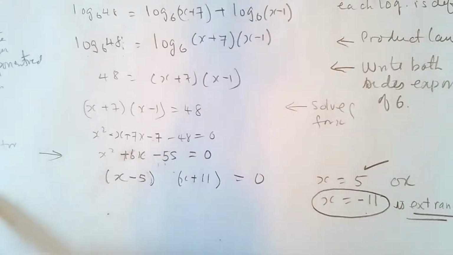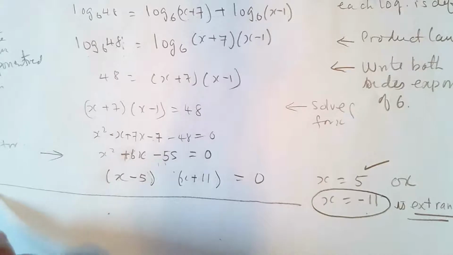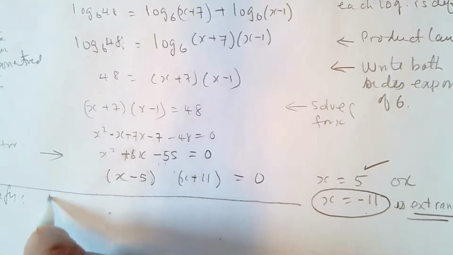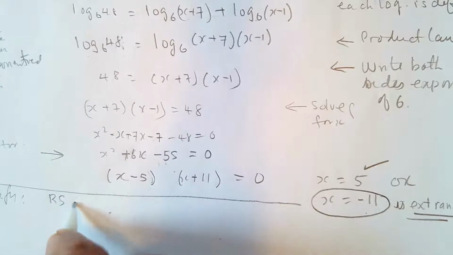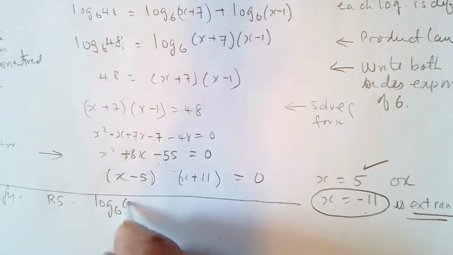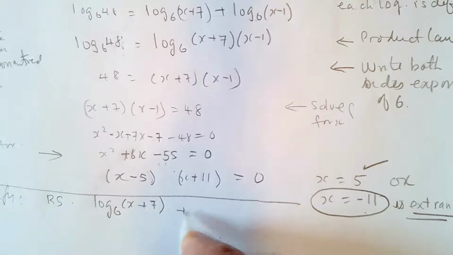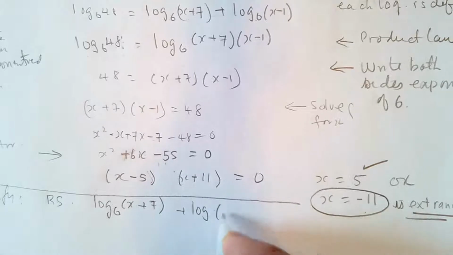So we want to verify our solution. We look at our right side, which is equal to log 6 of x plus 7 plus log x minus 1.